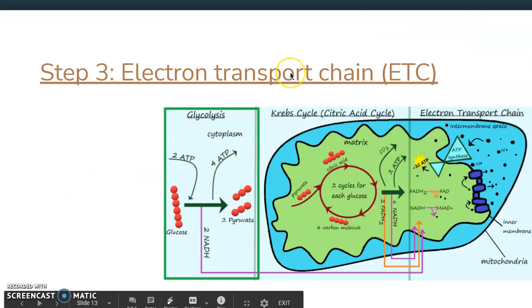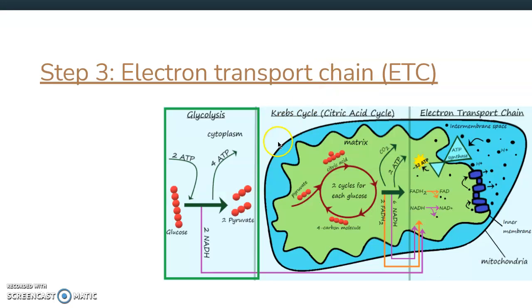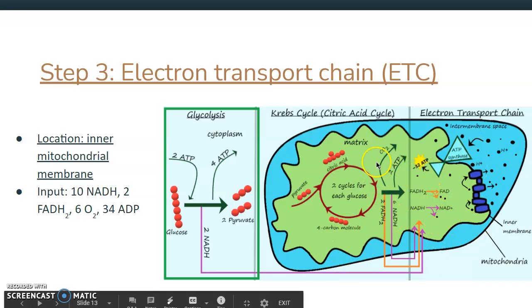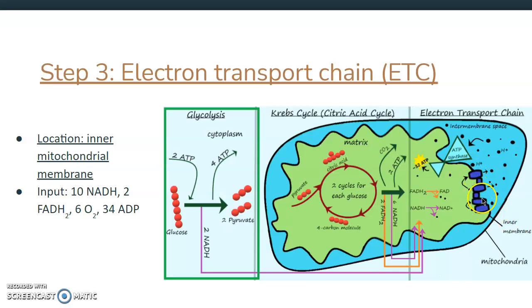Alright, so the third step in the part of aerobic respiration is the electron transport chain. This is very similar to the end of photosynthesis. This takes place in our inner mitochondrial membrane. So if we look at where our mitochondria is, the inside is our matrix, then we have our inner membrane right here, the inner mitochondrial membrane.